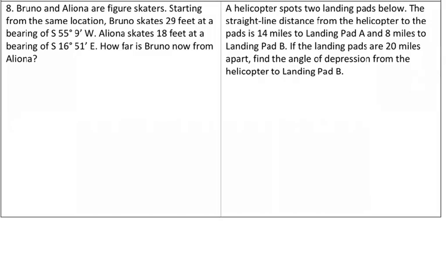Okay, so for these two, I want you to try to see if you can draw the picture. So let's just focus on number 8 first. I want you to read it, look back at that problem we just did, look at the compass that we wrote, see if you can figure out how to draw the picture, and then we'll talk about how we actually are going to solve this.